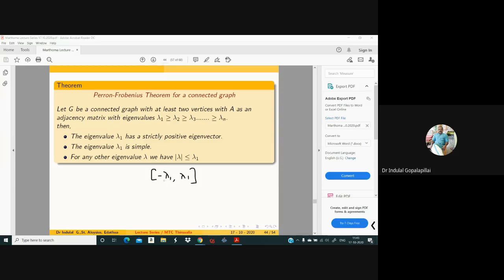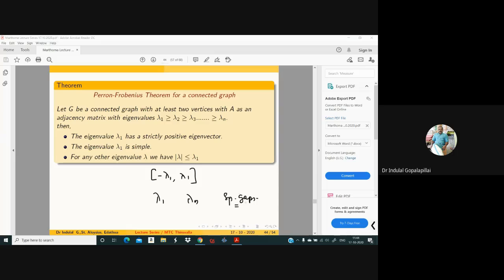See, there is several other research based upon this. The difference between the largest eigenvalue and the smallest eigenvalue is what is known as the spectral gap. So there is research to find spectral gaps of certain classes of graphs. This question can be asked for any particular class of graphs also.